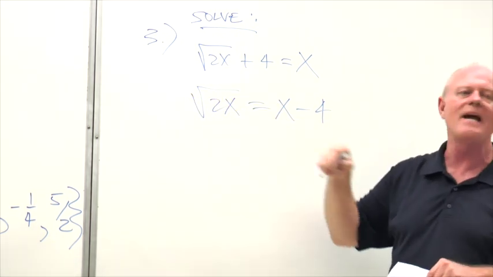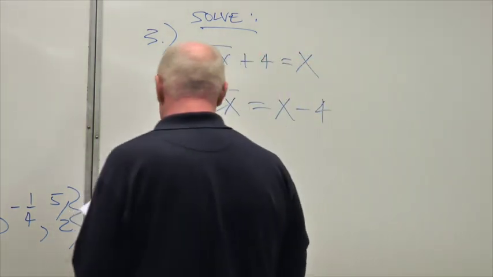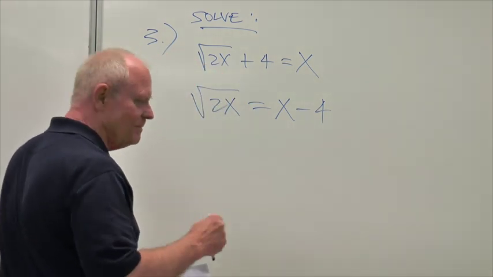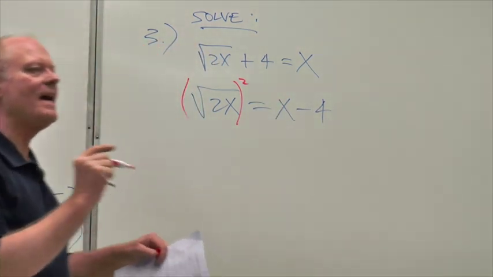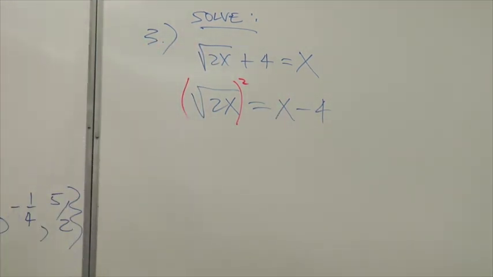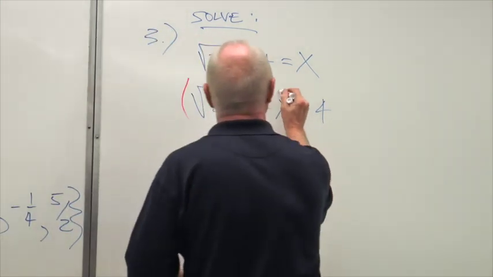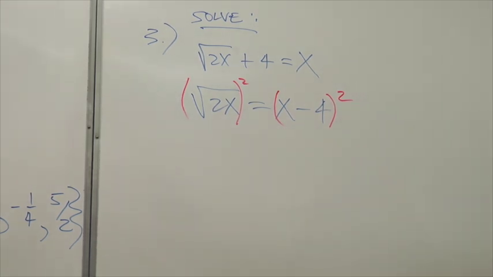So we're going to square the entire left-hand side. You with me? So I'm going to get rid of that radical sign. But if I square the entire left-hand side, I have to also square the entire right-hand side of the equation. Just like the addition property of equality, the multiplication property of equality.